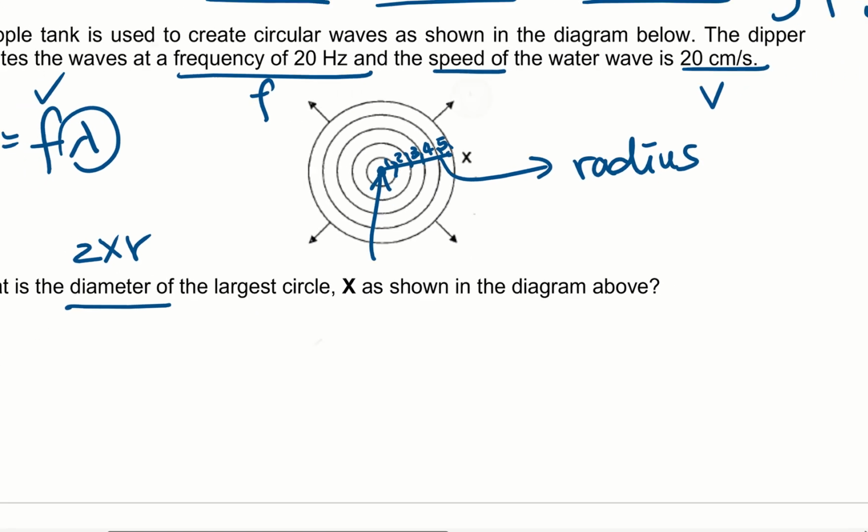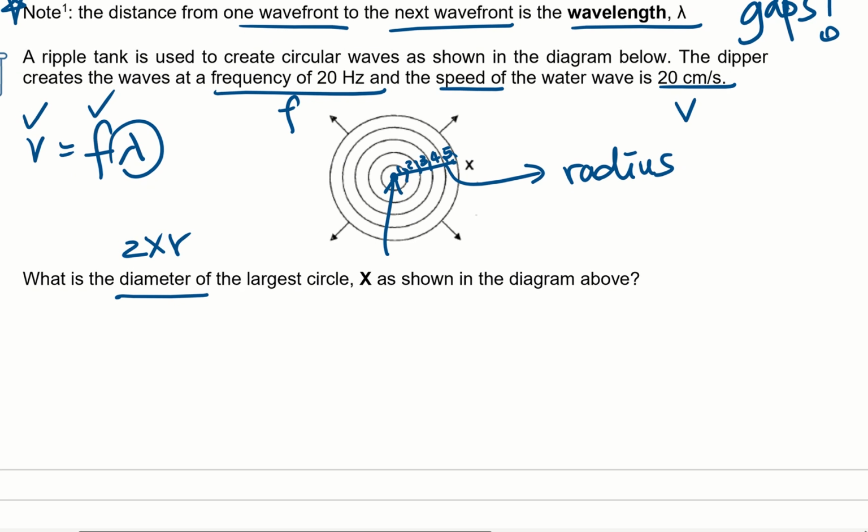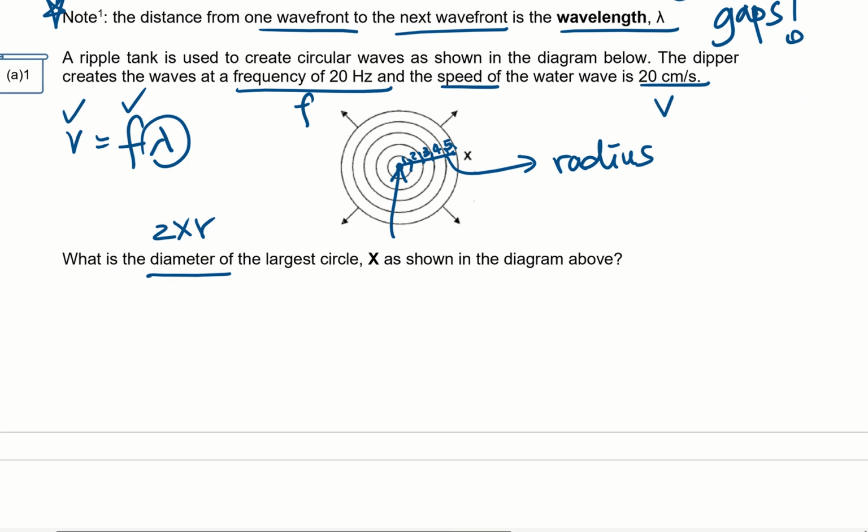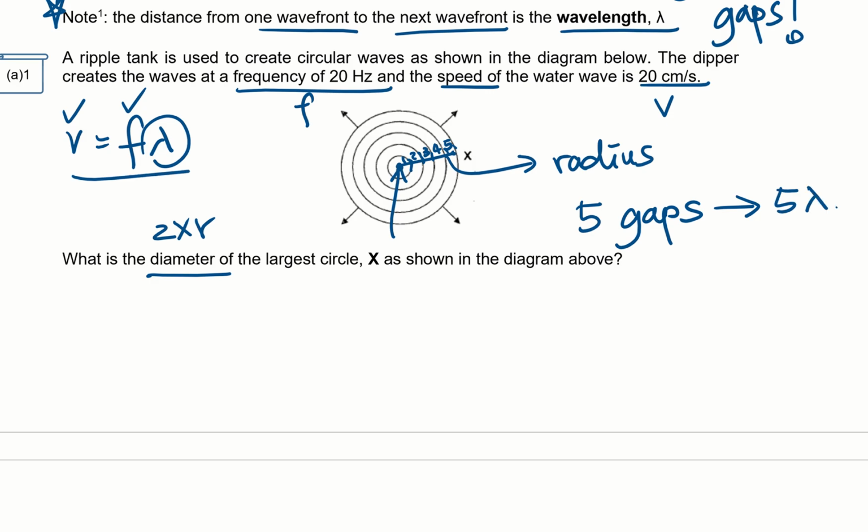So from the source of vibration to X is actually a radius of the circle, and there were 5 gaps. 5 gaps means 5 wavelengths. Now with this formula, v equals f lambda: the frequency is 20, the v is 20, so I can find the wavelength.